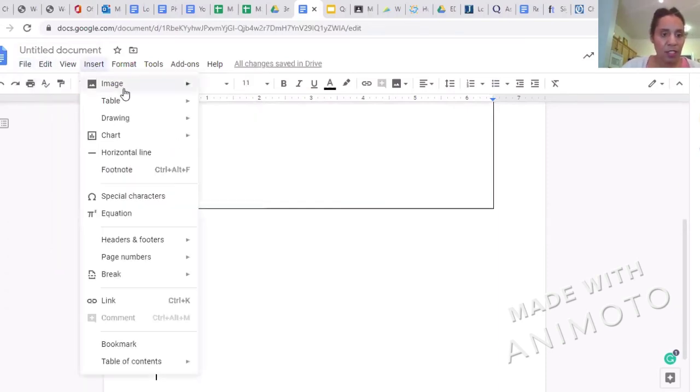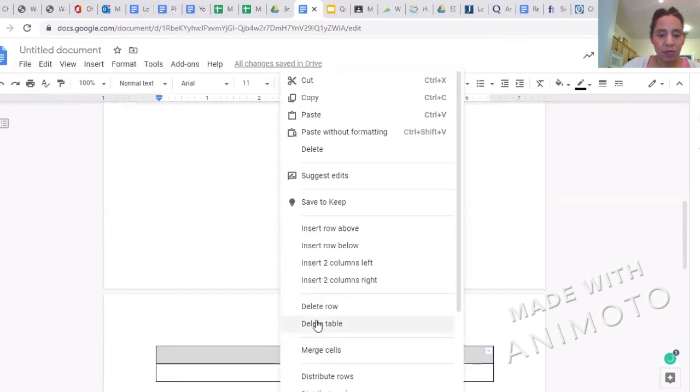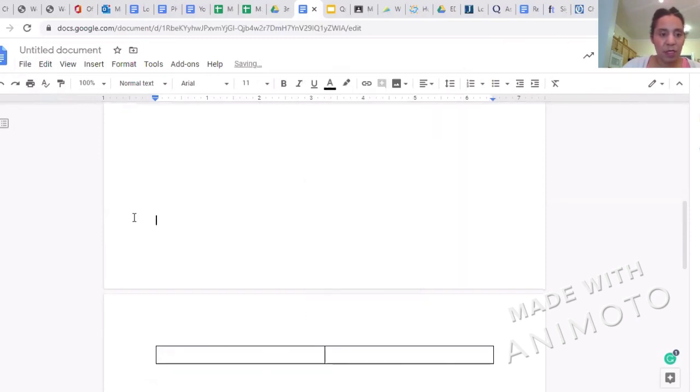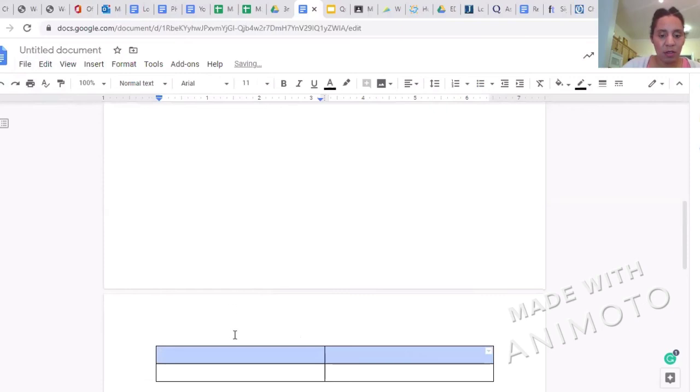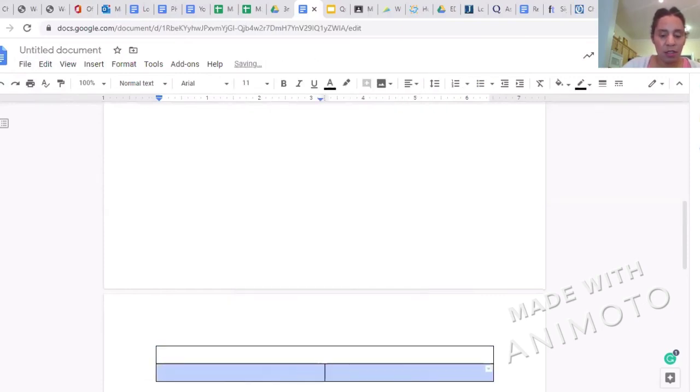So let's insert a table. Oops, didn't mean to do that, boys and girls. What I meant to do was merge the cells.